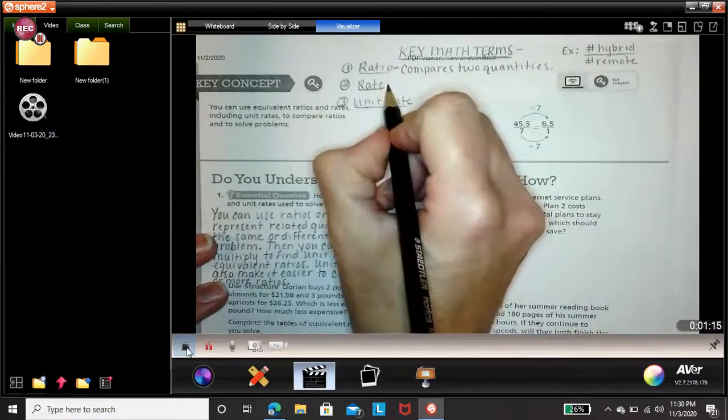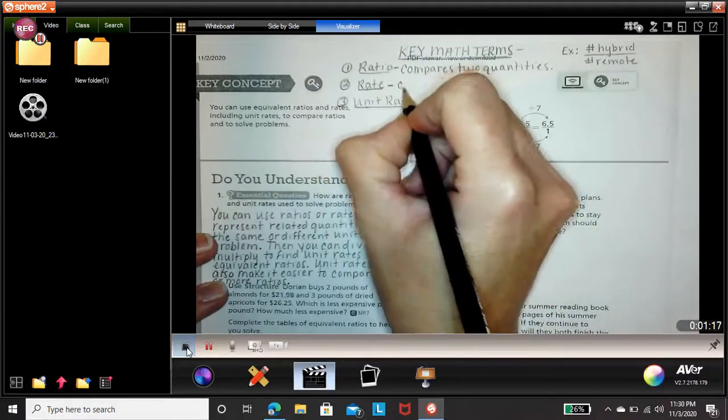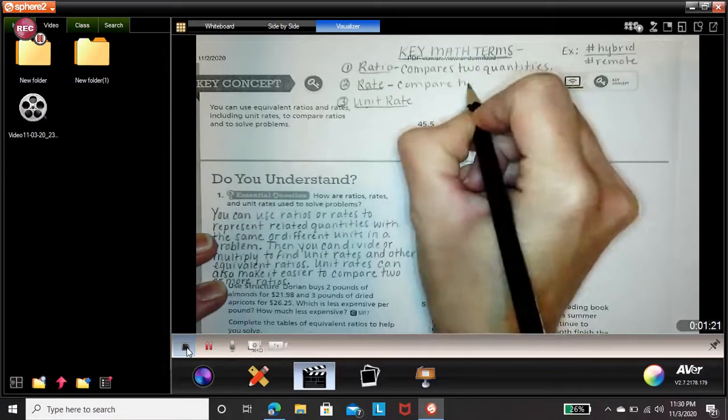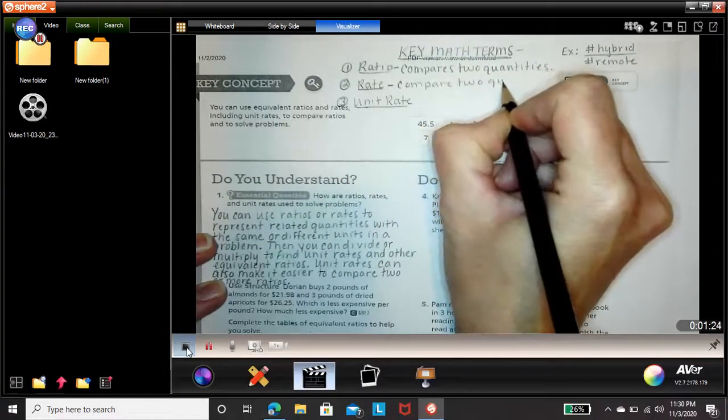Number 2, a rate compares two quantities with different units of measure.